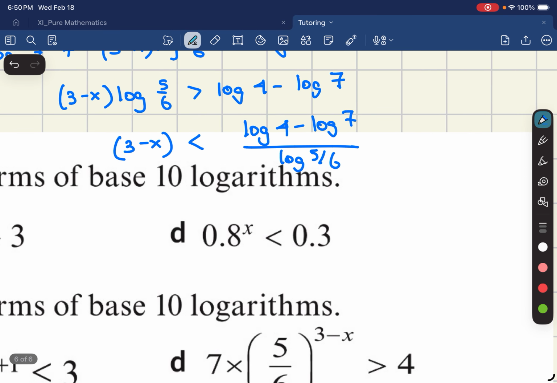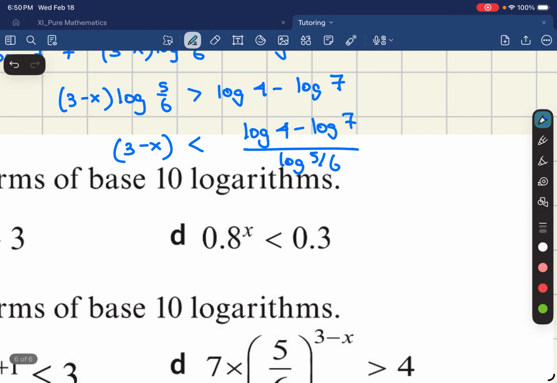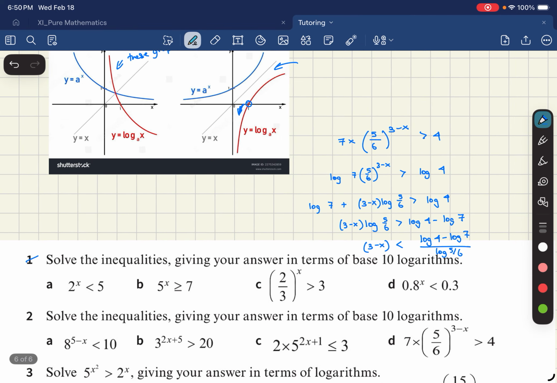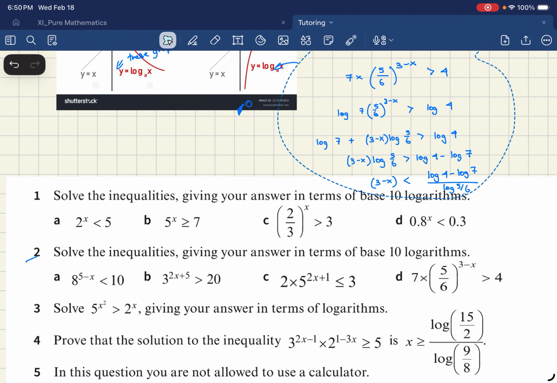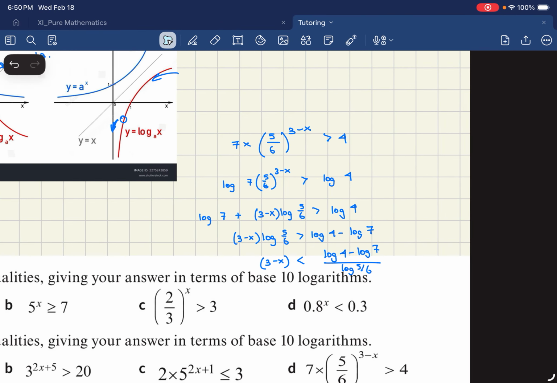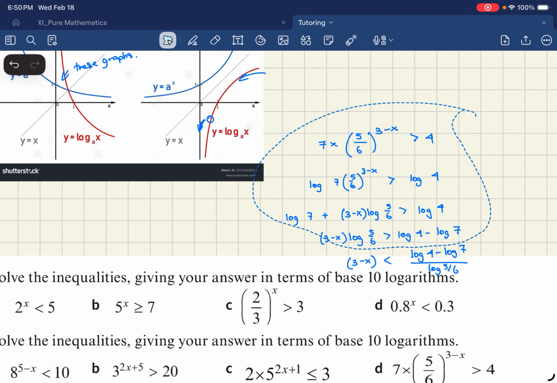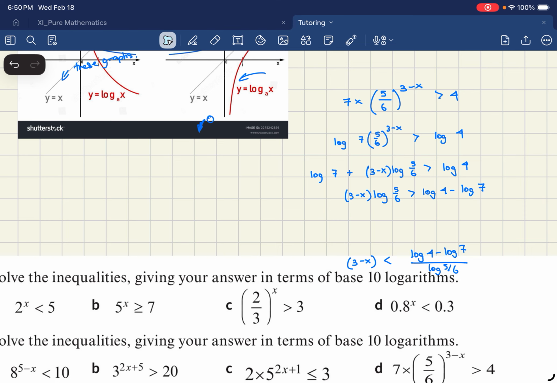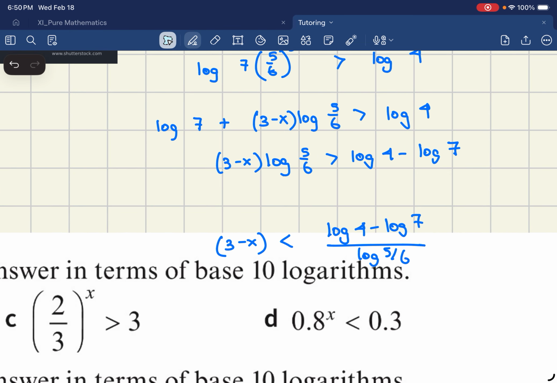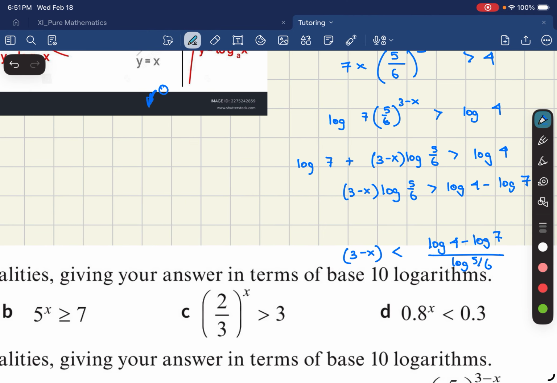Now I can add x on both sides. It's okay to add x on both sides. So if I add x on both sides, where would be a right place? Anyways, let me just solve it here.